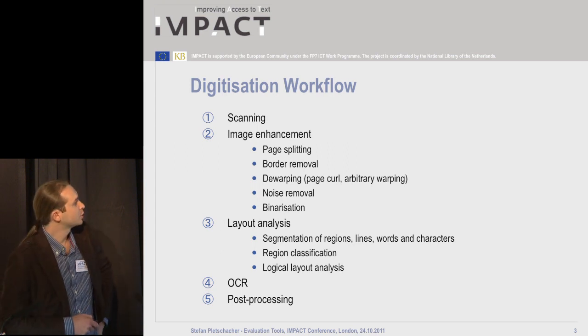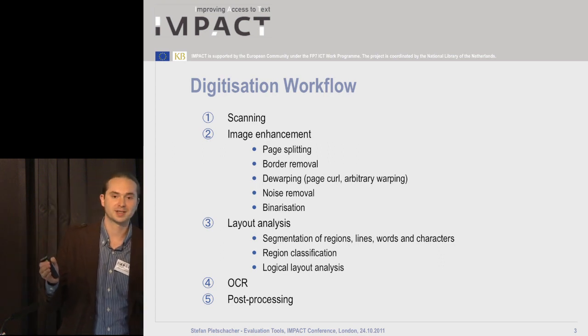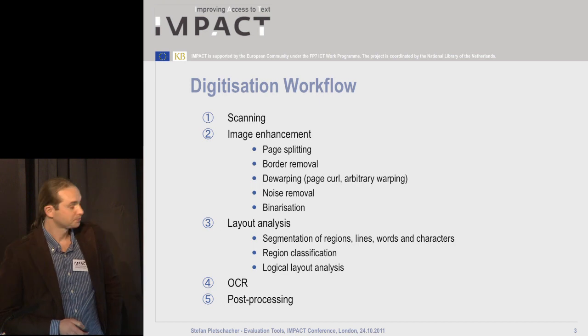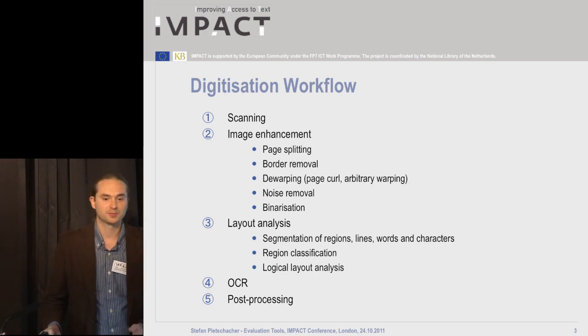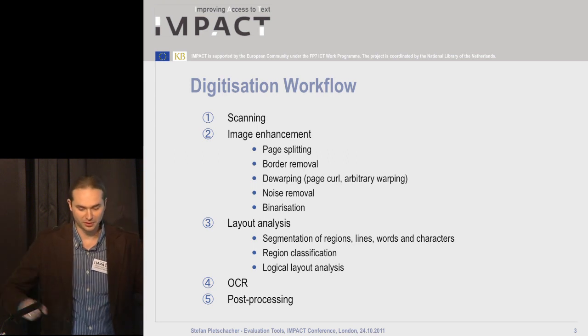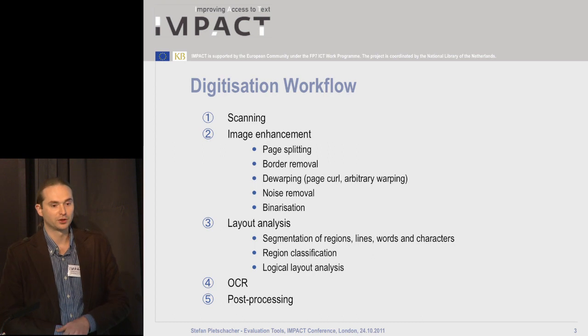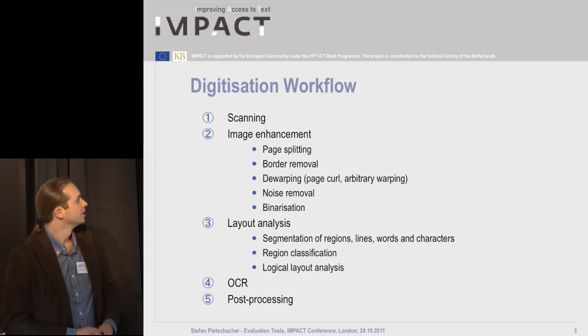Page splitting is quite common if you're using an overhead scanner to be more efficient, and you get two pages at once. Border removal, also if you don't use a flatbed scanner, and usually you get a lot of things that don't actually belong to the page. Dewarping, we have different types of dewarping here.